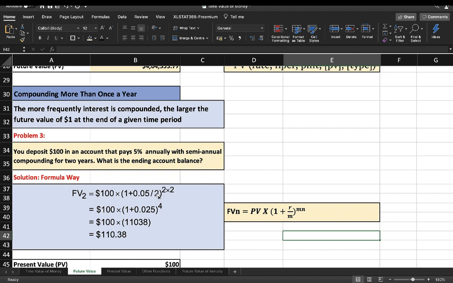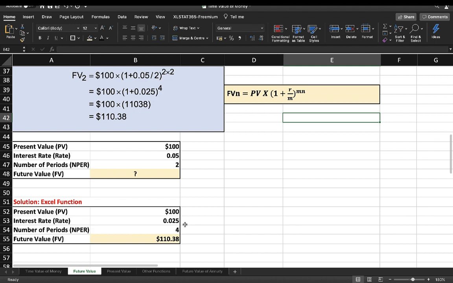So we take 2 here and we take MN, that is M is 2 into 2 years. We have calculated it and got the answer as 110.38, which is again a lengthy process. If we have more than 2 compounding periods, it will take lengthy calculation to find out the value. Simply what we'll do is we apply the function.